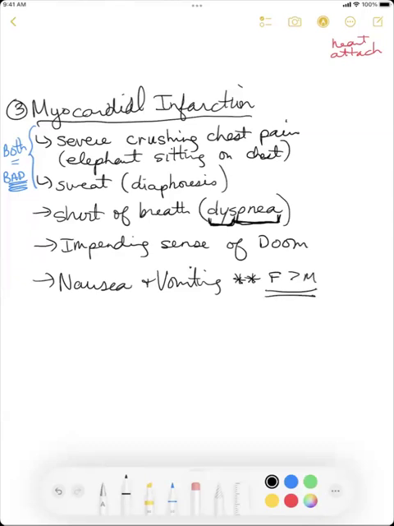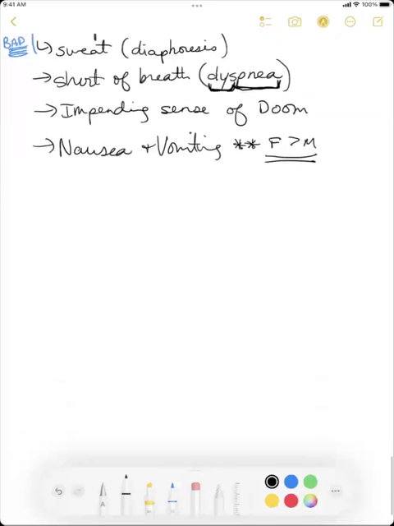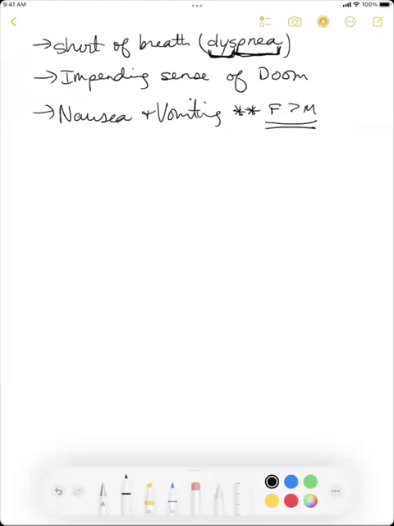And nausea and vomiting in an older person, I will always rule out a heart attack in that person. I won't just say, oh, it's food poisoning or they just have indigestion. No, it is a heart attack until I rule it out, because sometimes that is the only manifestation of the heart attack. Okay, that's a really important piece here. Nausea and vomiting in somebody who is older, you need to rule out that it's not the heart.